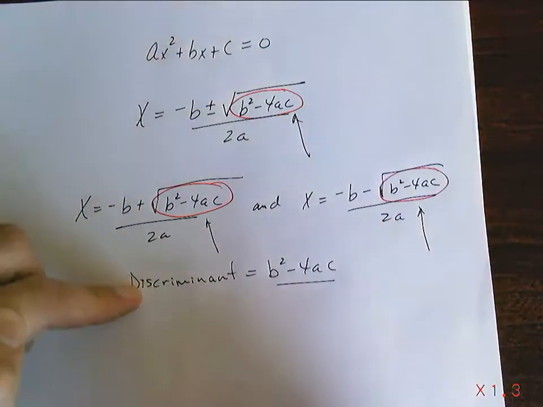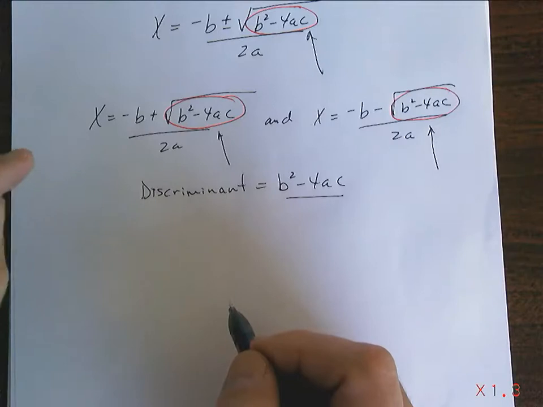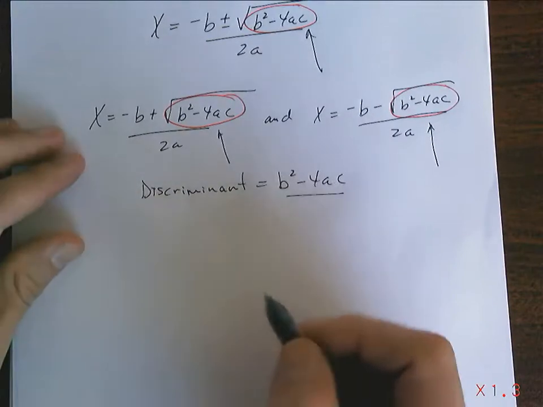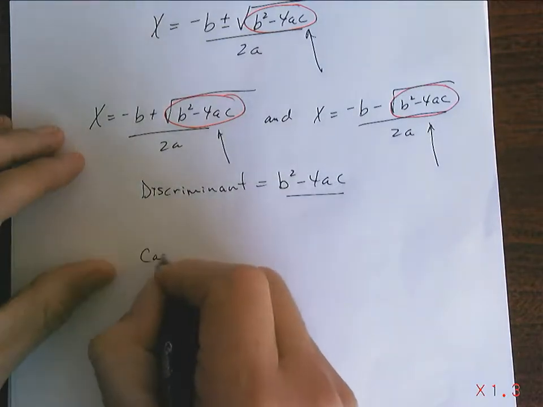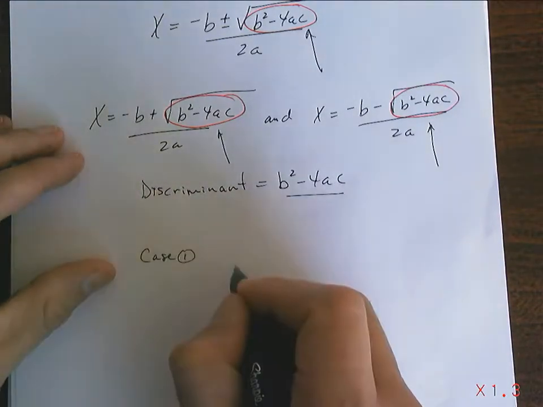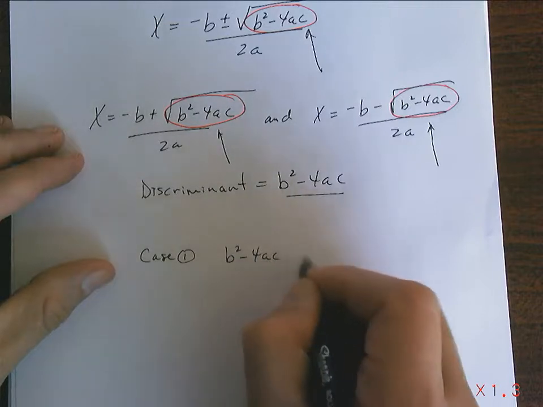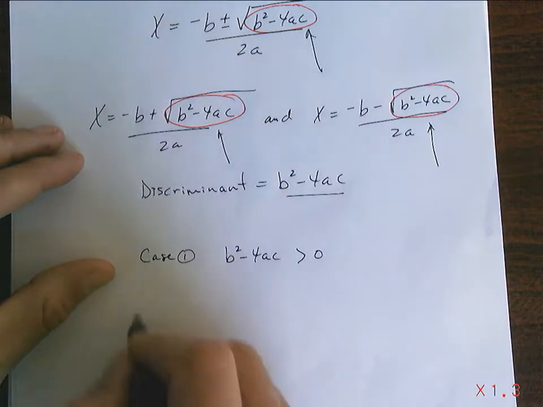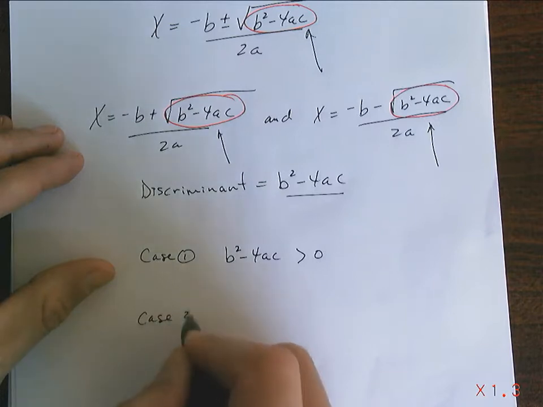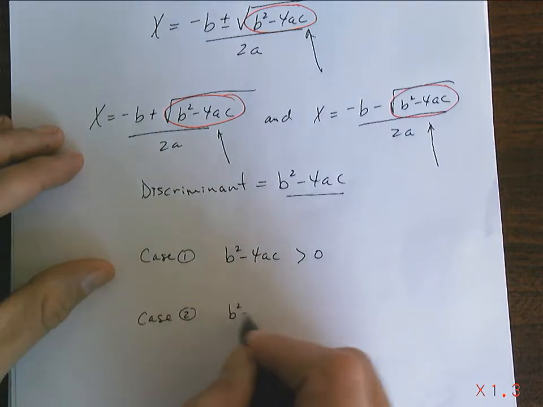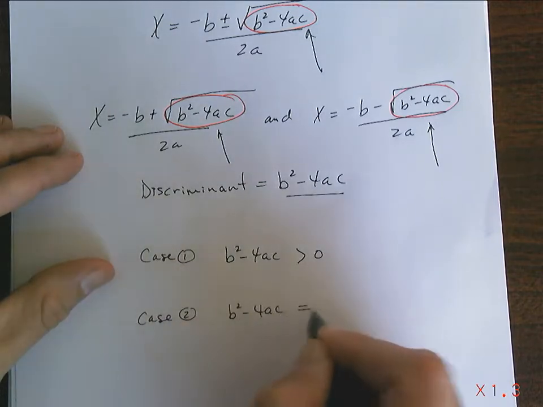And the discriminant has three possible cases. Case 1, the discriminant can be greater than 0. Case 2, the discriminant can equal 0.